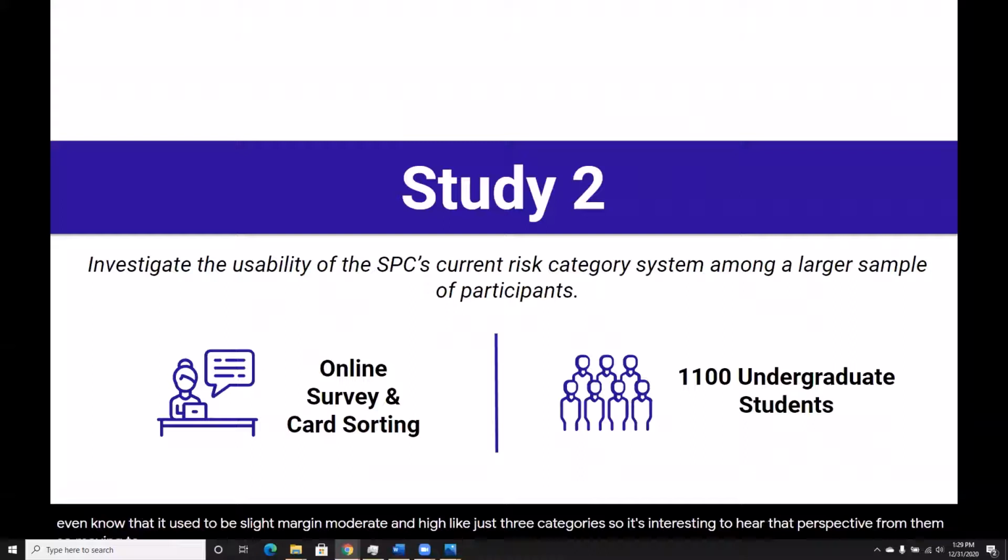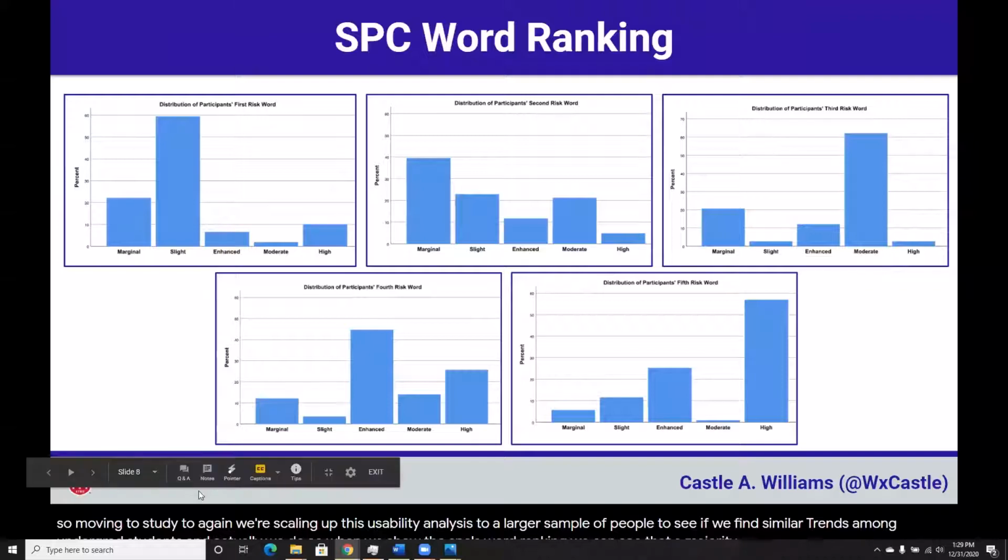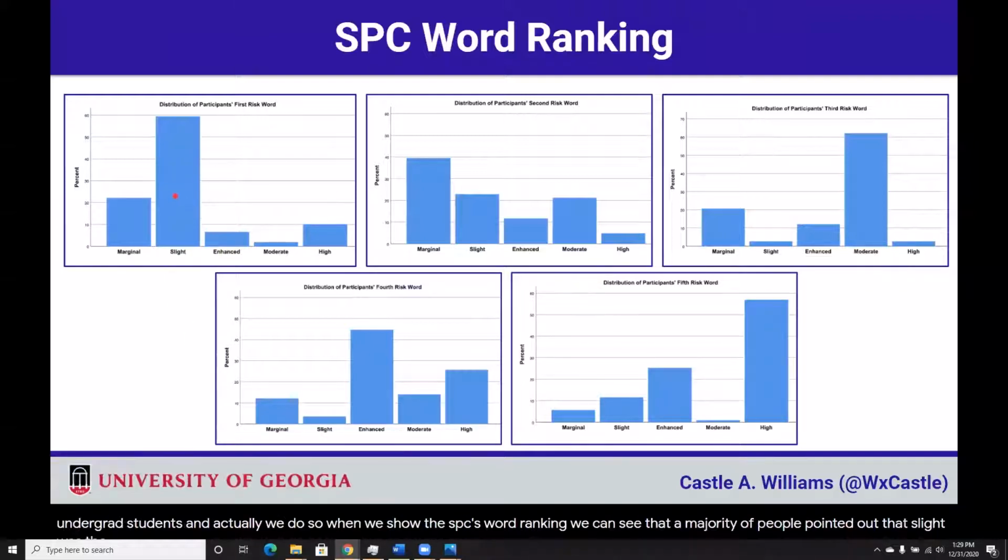So moving to study 2, again, we're scaling up this usability analysis to a larger sample of people to see if we find similar trends among undergrad students. And actually we do. When we show the SPC's word ranking, we can see that a majority of people pointed out that slight was the first risk category word, very similar to those interviews that we did.